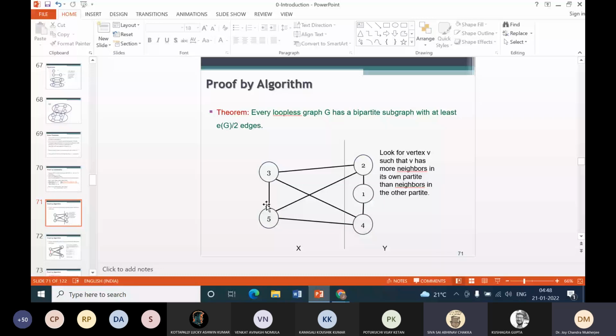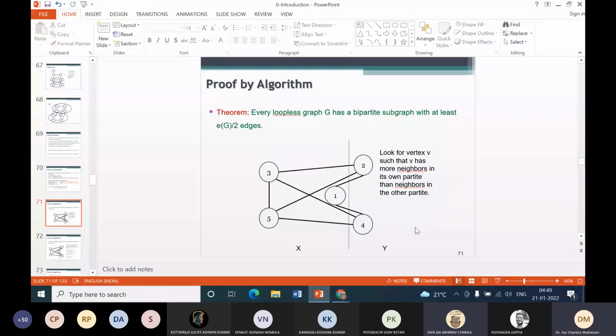For 2, there are 2 neighbors across the partite. You cannot move it. 4, 2 neighbors across the partite, you cannot move it. For 1, 2 neighbors in its own partite, but no neighbors in the other partite. So we will move 1 here.